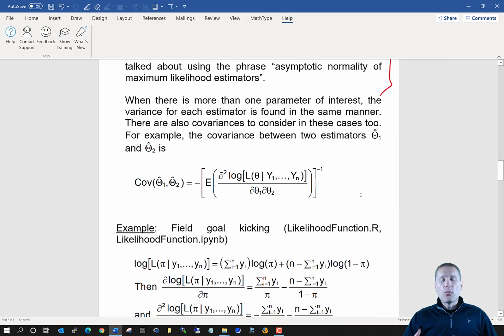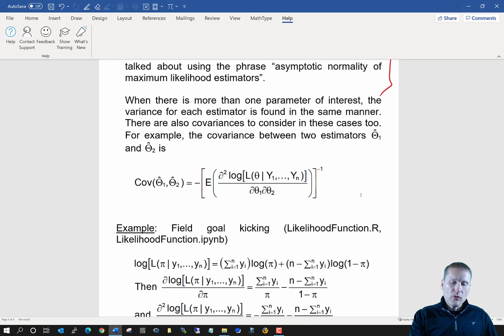Now, what if there's more than one parameter of interest? Well, you can do the same thing to find the variance. You work with that second partial derivative of, let's say, theta 1, and also the second partial derivative with respect to theta 2. But now you also have covariances that you have to work with too.